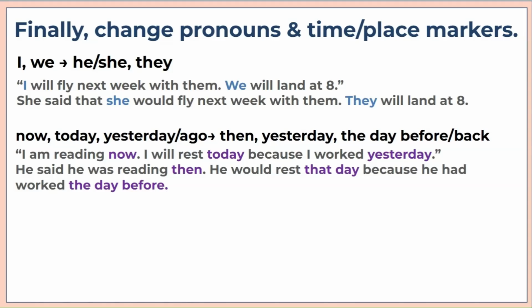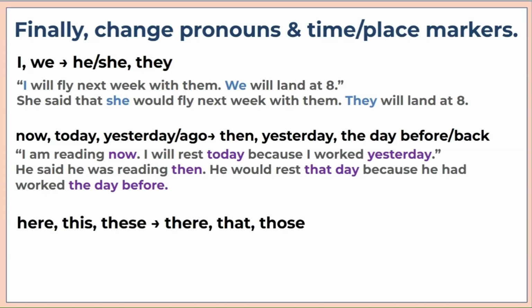He would rest that day because he had worked the day before. Now, if you are saying this on the same day that you talked to him, and so today is still today, you don't need to change that, but you could change today to that day, and then you change yesterday to the day before. I know it's a lot, but just remember to shift the time back.